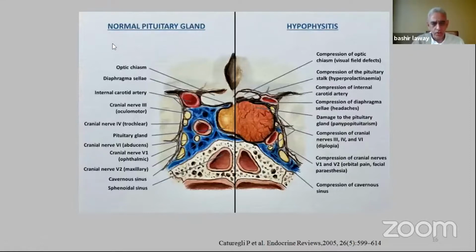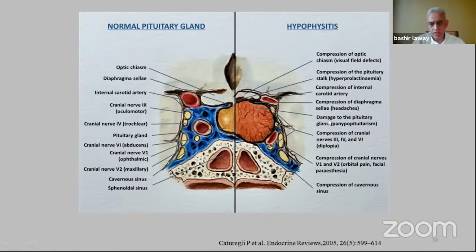So this is the picture. On one side we have a normal pituitary gland, and on the other side we have a gland with lymphocytic hypophysitis, showing enlargement of the pituitary. If it enlarges superiorly, you can have compression of the optic chiasma, so visual disturbances are there. There could be compression of the pituitary stalk causing hyperprolactinemia. Internal carotid arteries could get compressed.